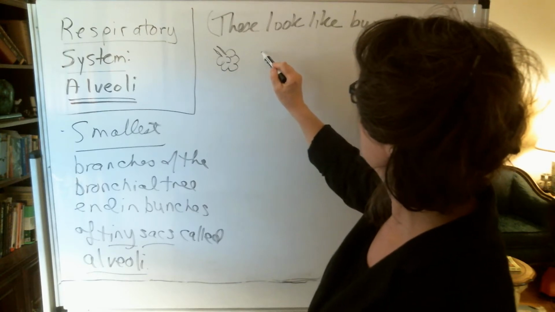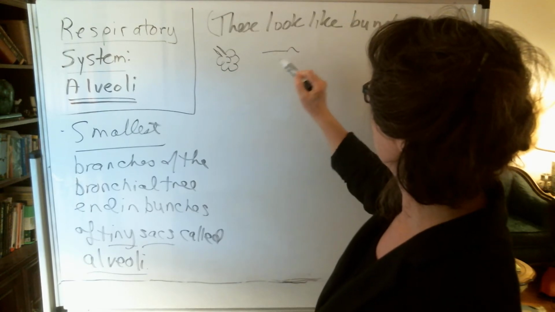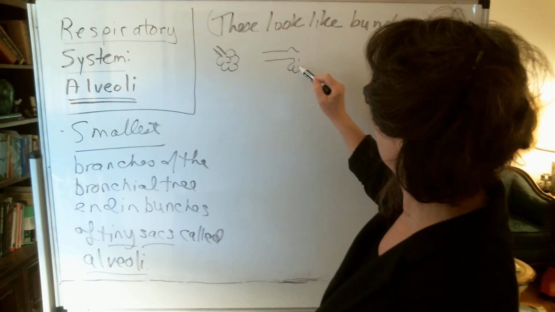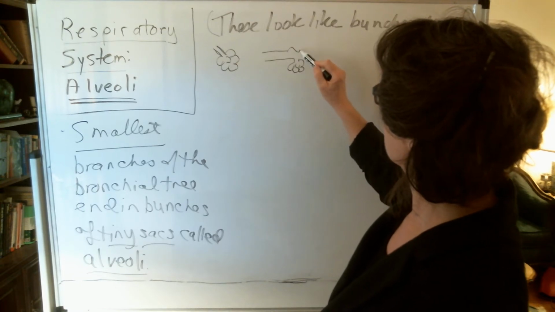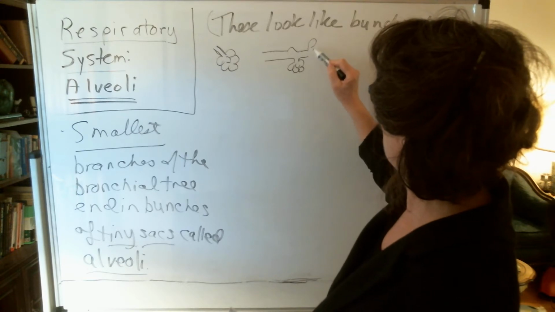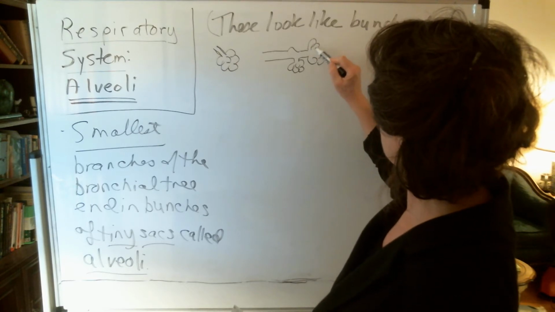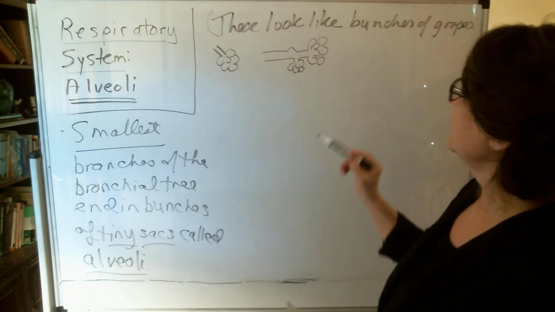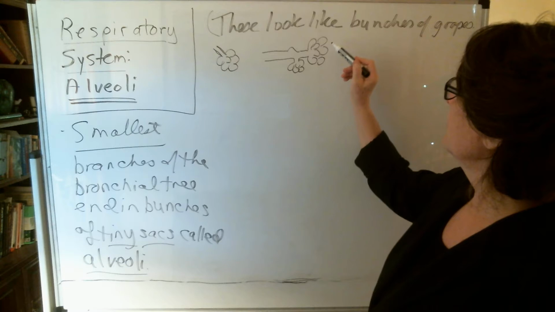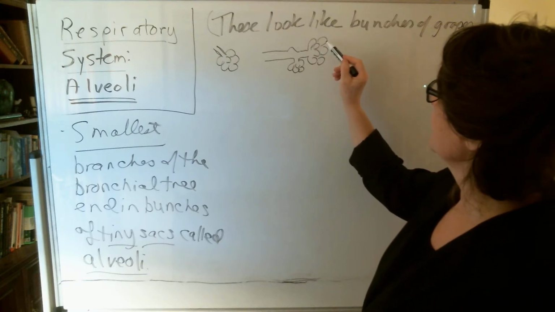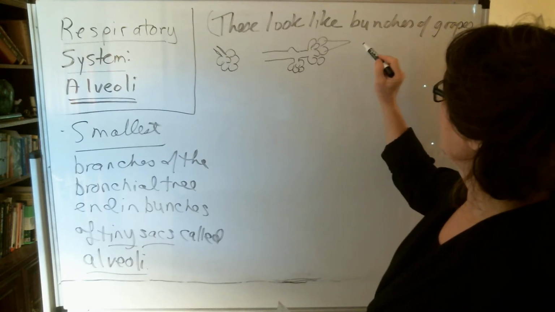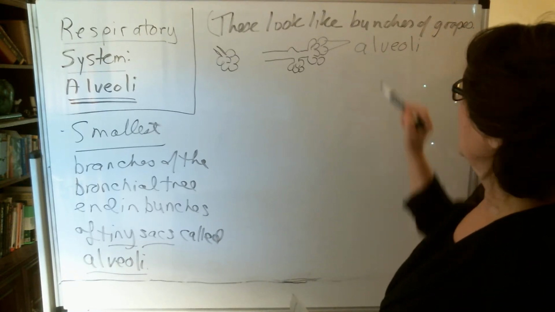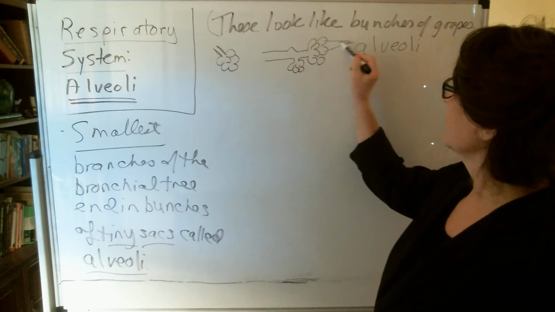And sometimes you will wind up having some balloon-like sacs along the way, and you will have things like this. But one way or another, you will wind up in the end with these tiny little fleshy balloons, basically, and these little fleshy balloons, then, these are your alveoli, like so.